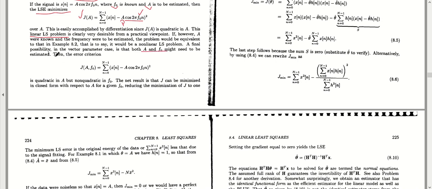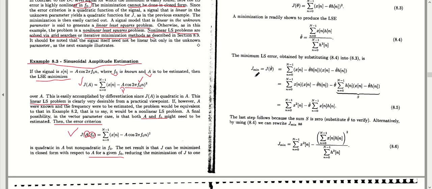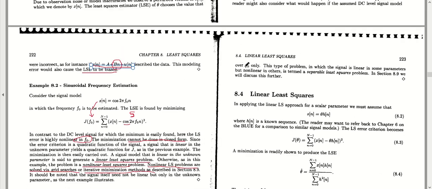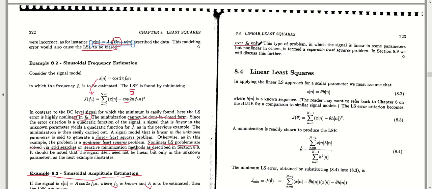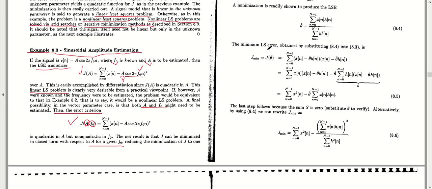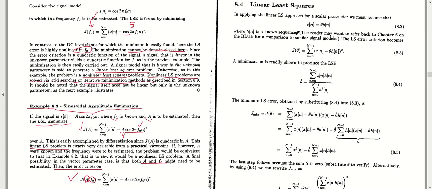A final possibility in the vector parameter case is that both A and f0 might need to be estimated. Then the error criterion is like this. You notice that A is unknown and f0 is unknown. So it's quadratic in A but not quadratic in f0. The net result is that J can be minimized in closed form with respect to A for given f0, reducing the minimization of J to over f0 only.